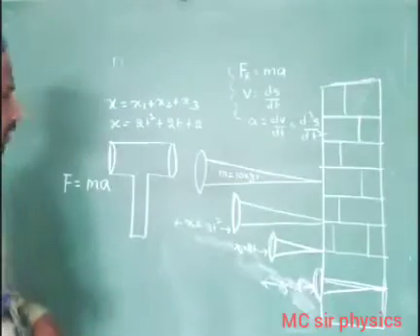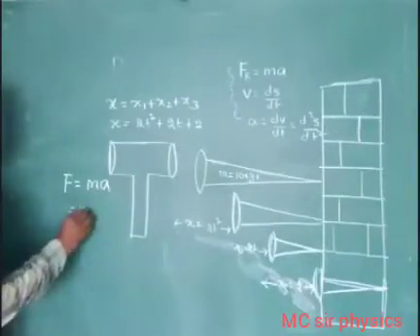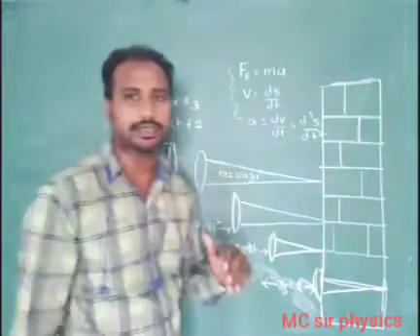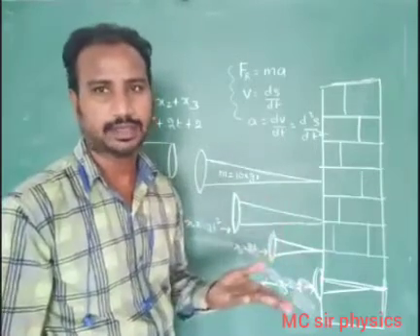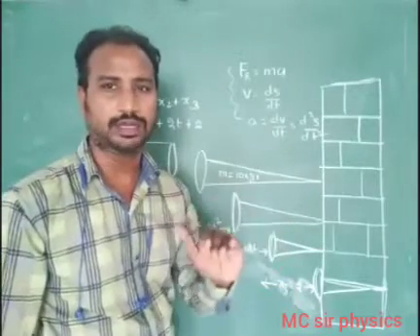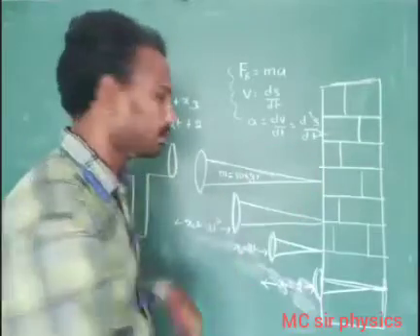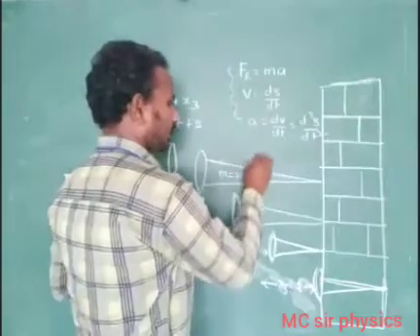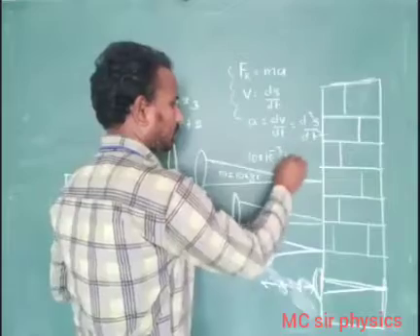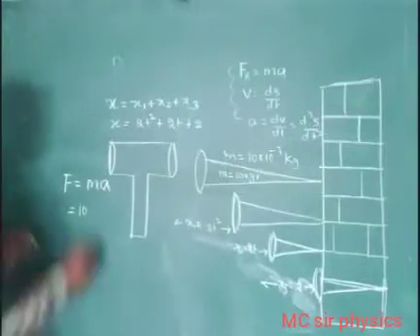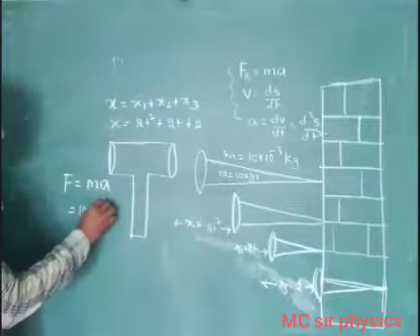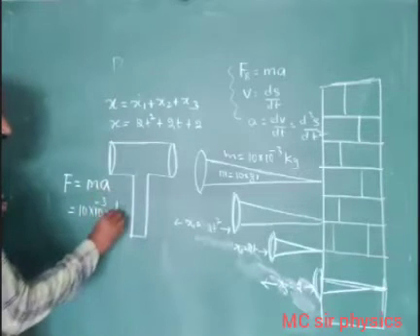Mass of nail 10 grams. 1 kg equals 1000 grams, so 1 gram equals 10 to the power of minus 3 kg. So write 10 into 10 to the power of minus 3 kg. Mass of nail equals 10 into 10 to the power of minus 3.